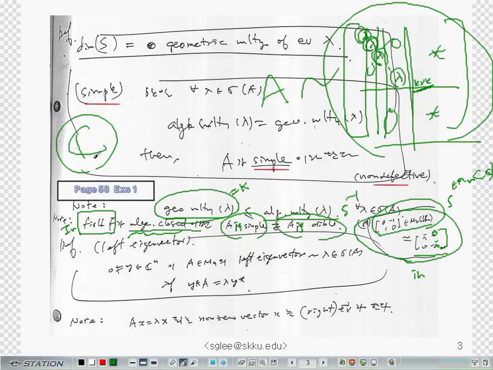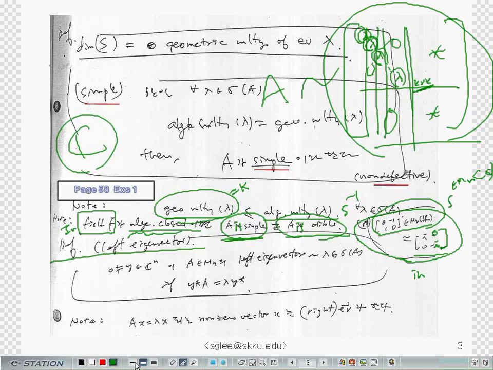So now we can say A is simple if and only if A is diagonalizable, if we are dealing with matrices of complex entries.